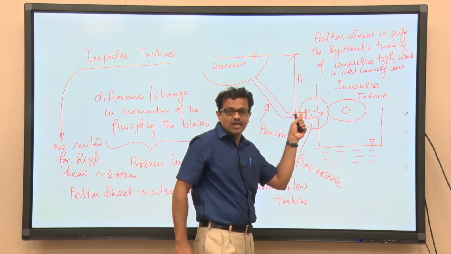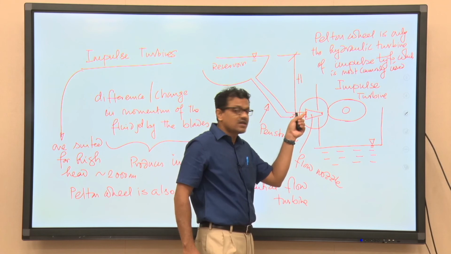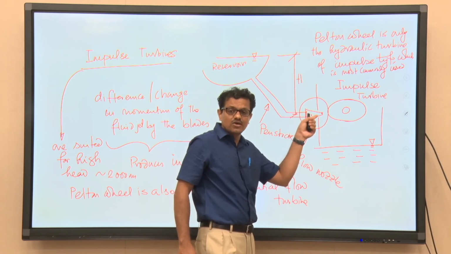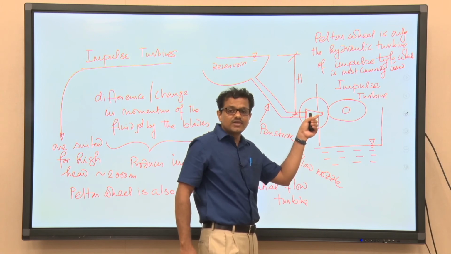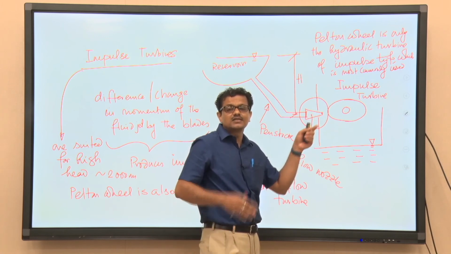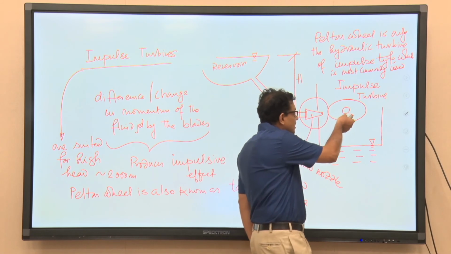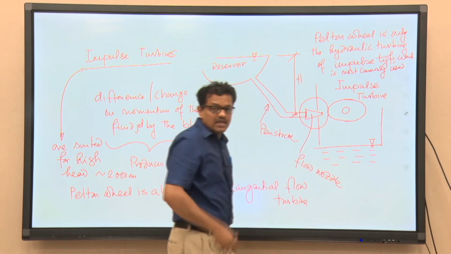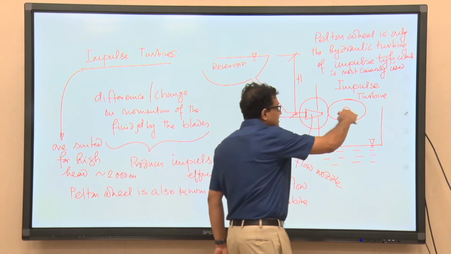It is not only water we are allowing to go into the turbine, instead water is allowed to pass through the nozzle before it strikes the turbine blade, and when the water comes out from the exit of the nozzle, it is in the form of a jet. So, water is admitted into the turbine in the form of a jet, and that is tangentially, you understand.